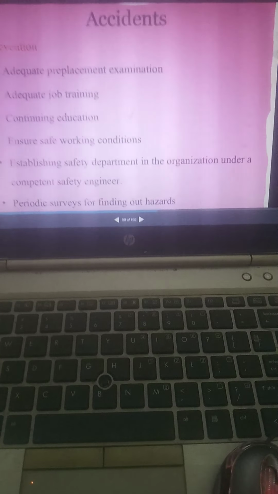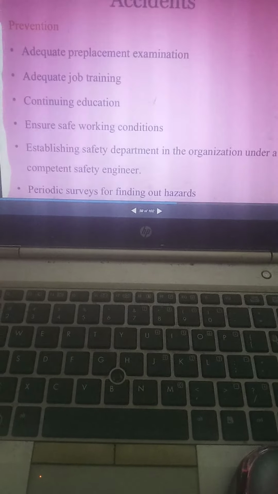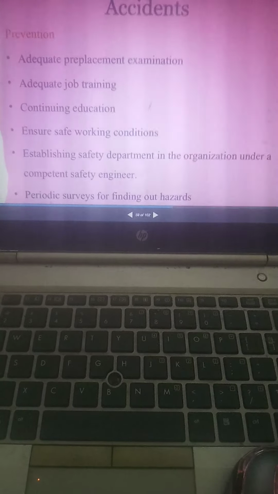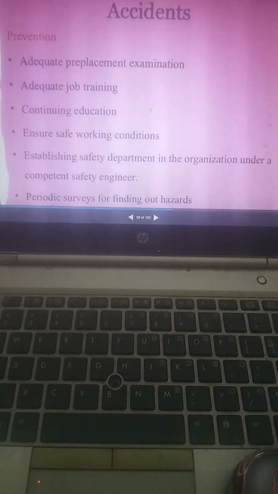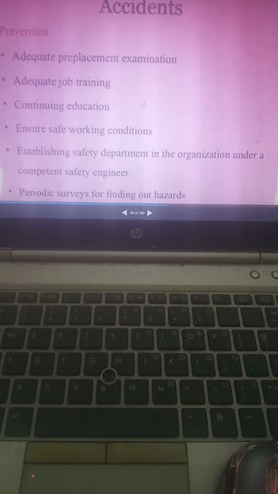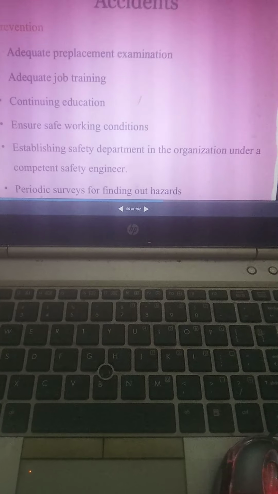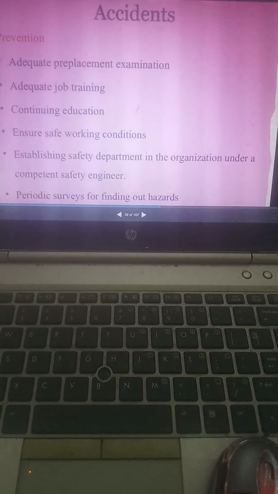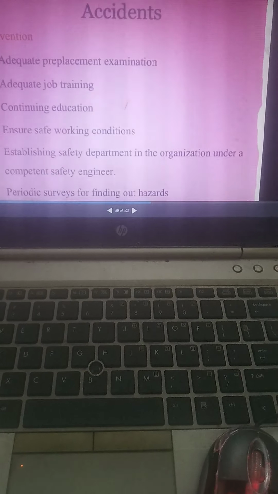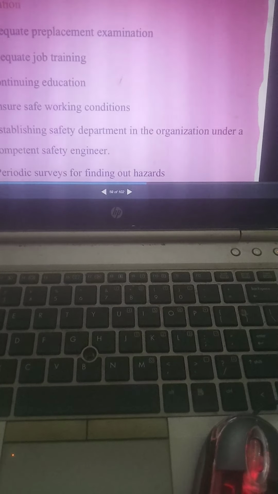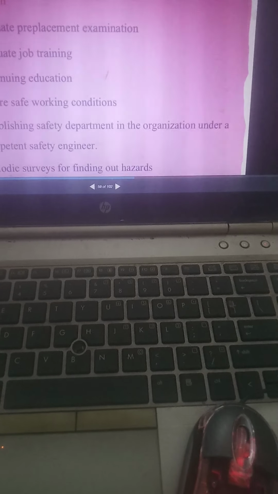Safety engineers should be recruited, and that department should be made to work, and the sole work of the department should be to do surveillance and look for those environmental conditions, factory conditions, machinery conditions that can make an employee or worker vulnerable to accidents. He should promptly take care of those conditions that can potentially be hazardous to the health of the worker, and they should either replace it or make certain provisions and make the work safe. Periodic surveys for finding out hazards. All right.